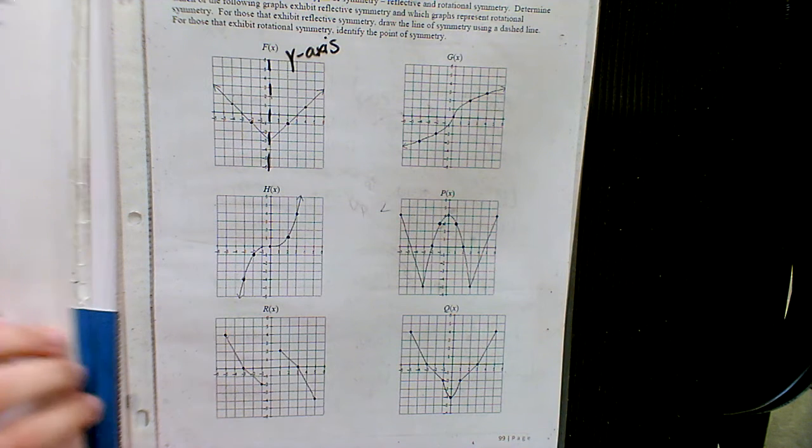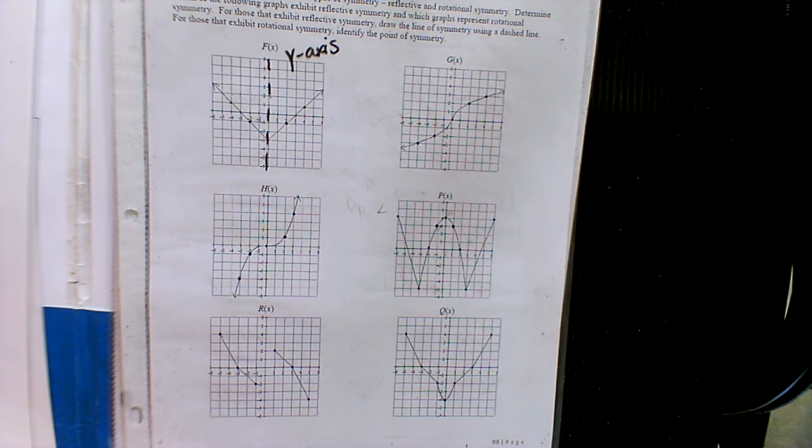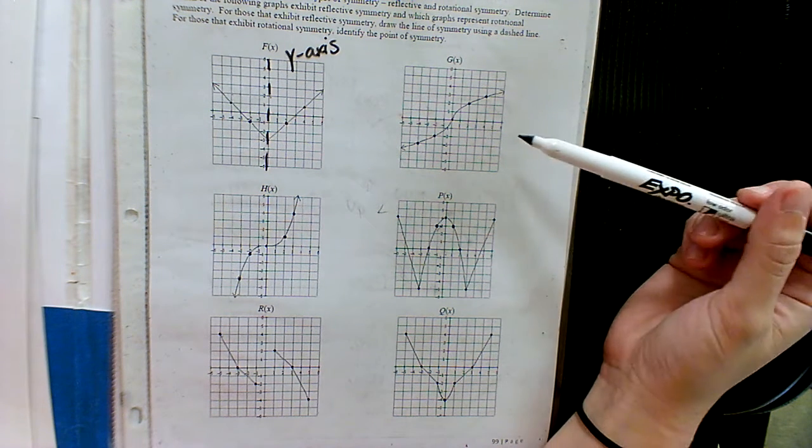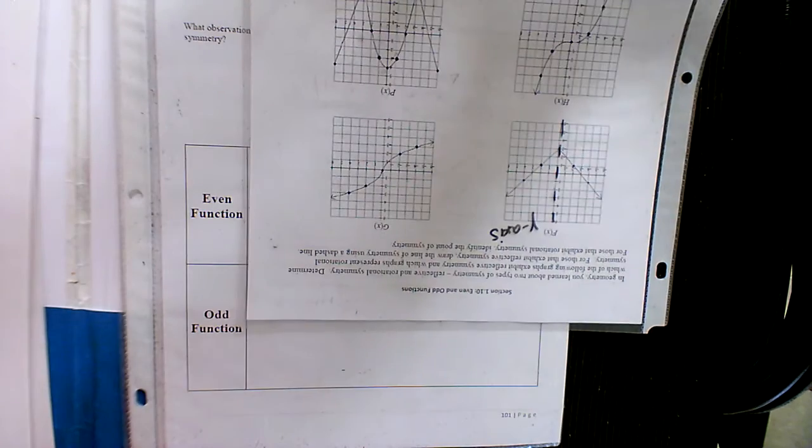What about g of x? Is there some way you can fold it to have things match up, or can you rotate it 180 degrees and it would be exactly the same? Rotate? If you actually wanted to try it, flip it upside down, it would be the same graph.